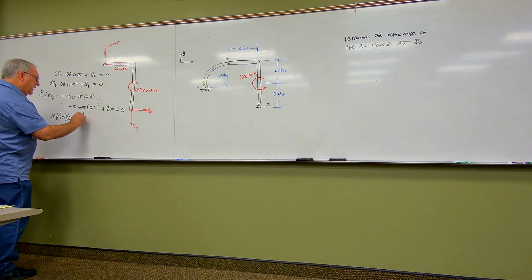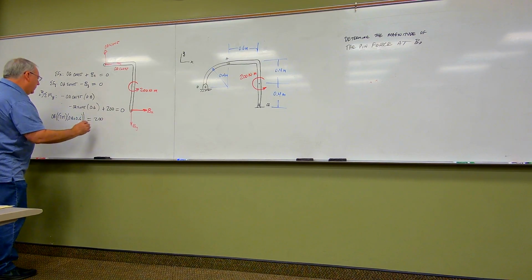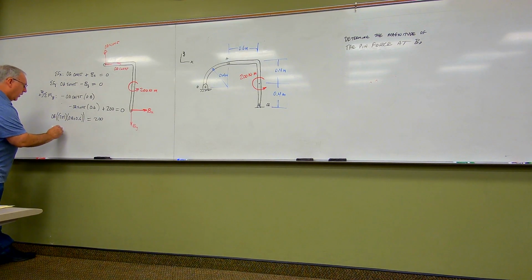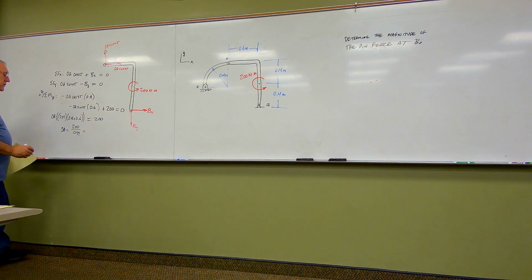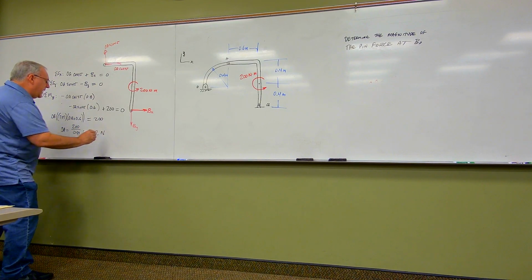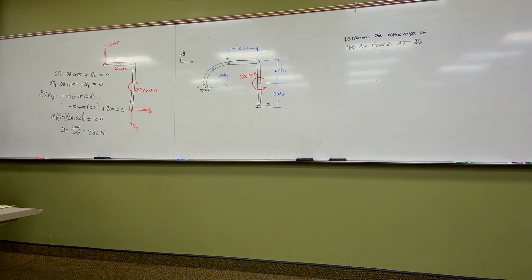This whole thing, by the way, is going to be equal to 200. So this is almost 1, like 0.99. So OA ends up being 200 divided by 0.99, which is equal to 202. So 202 newtons. And worth noting, it worked out positive, so our assumption about its directionality is correct. But now that I know that, I can solve for Bx.